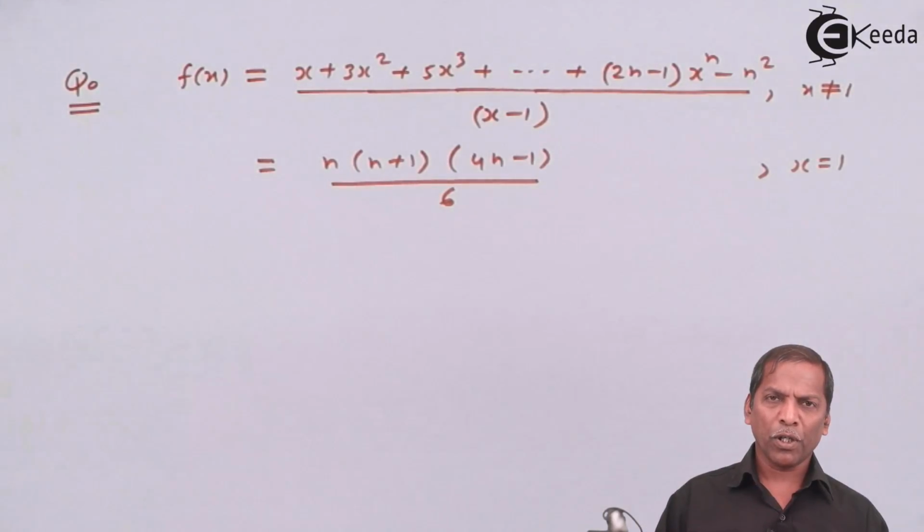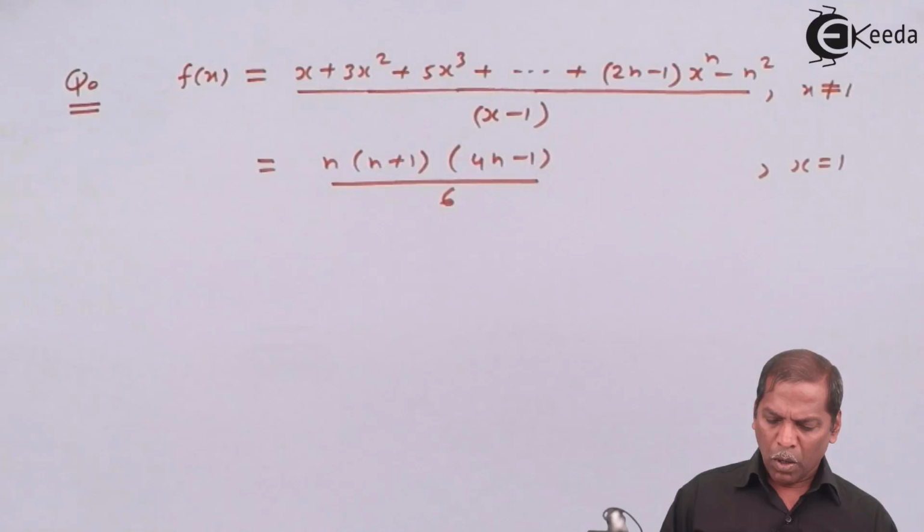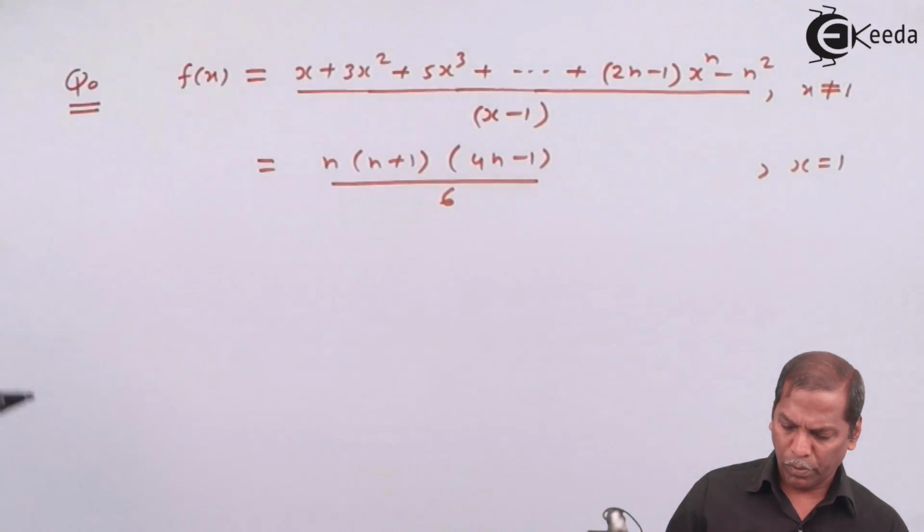Now in this question we have to discuss whether this function f of x is continuous or not at the indicated point x equal to 1. Now let's see the solution.